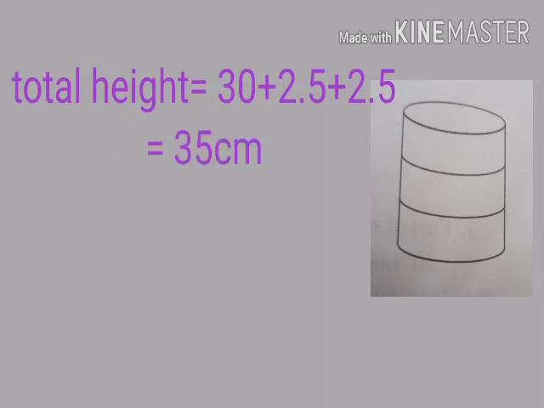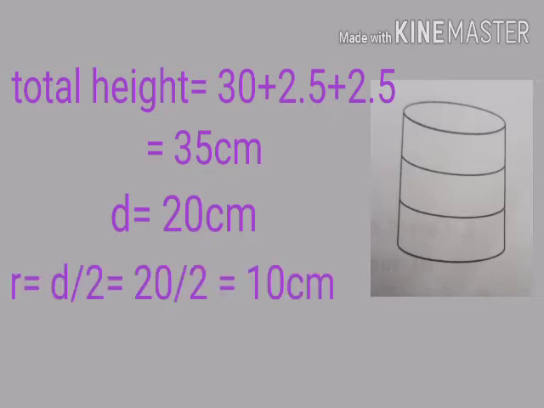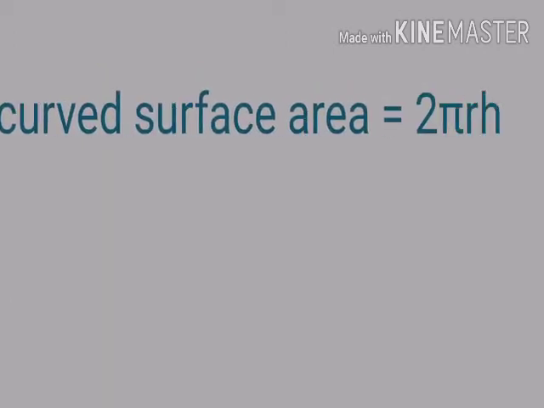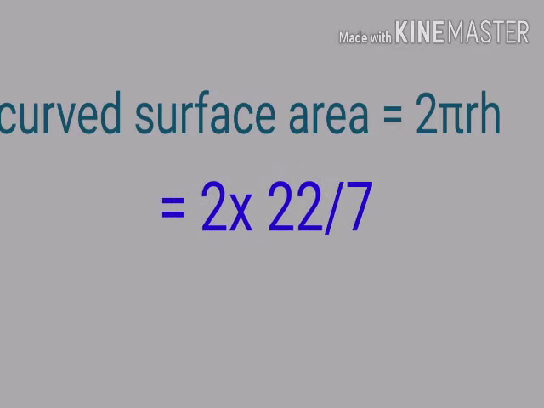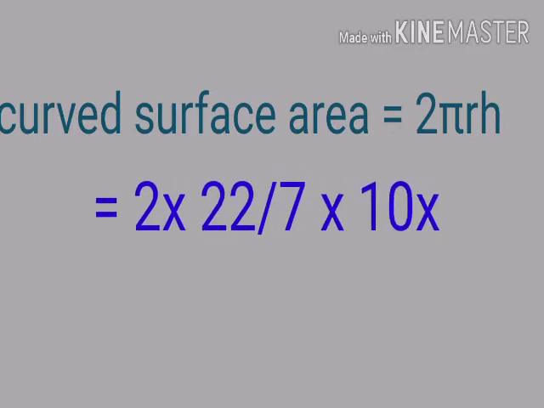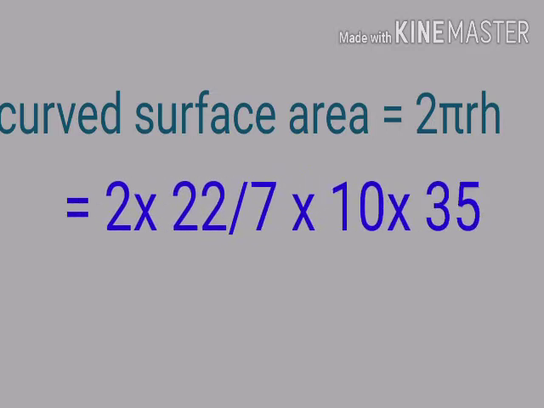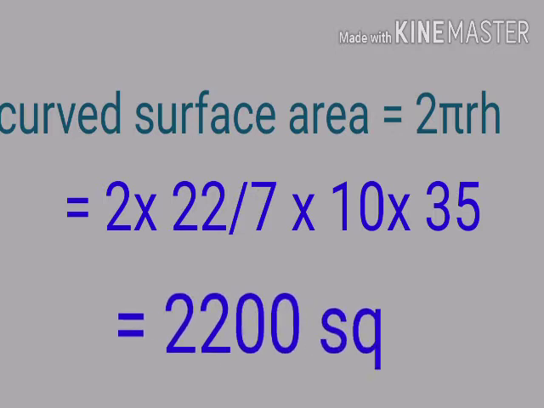Then the diameter is 20 centimeter, so we have to find the radius. Then the cloth required for covering the lampshade equals the curved surface area of the lampshade, that is 2 pi r h. Then we substitute the values of pi, r and h. That is equal to 2 into 22 by 7 into 10 into 35, which equals 2200 centimeter square.